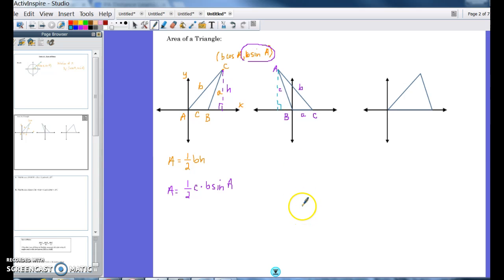That would be my height. So the coordinates of this point A, it's c units away from the origin, but the coordinates of that point are going to be c cosine of B, c sine of B.